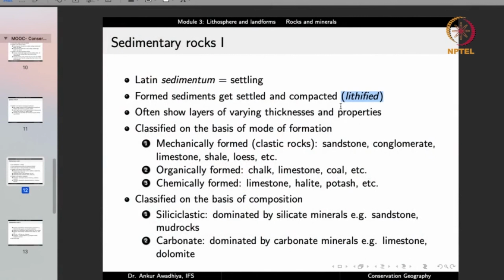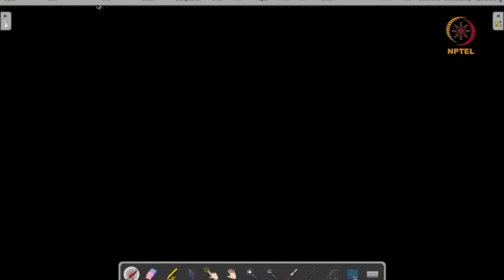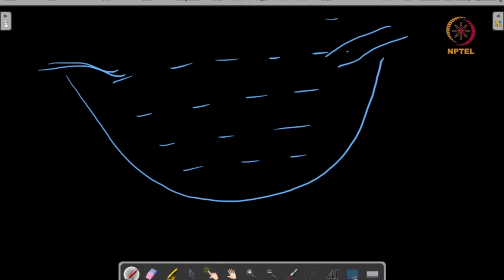They often show layers of varying thicknesses and properties, and typically, if we consider, say, a big lake, or a water body like a sea, there is water being brought in through different streams into this area. Now these streams will also be bringing sediments with them, or small pebbles or small pieces of rocks.